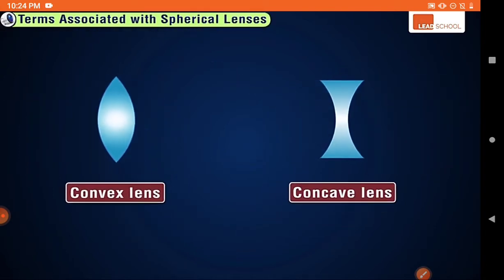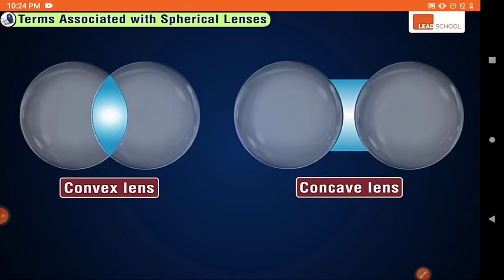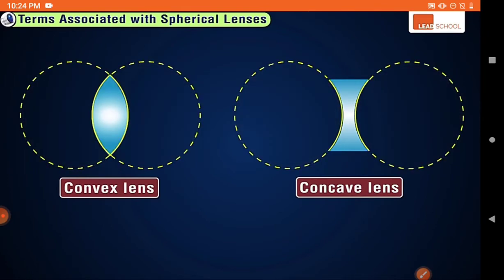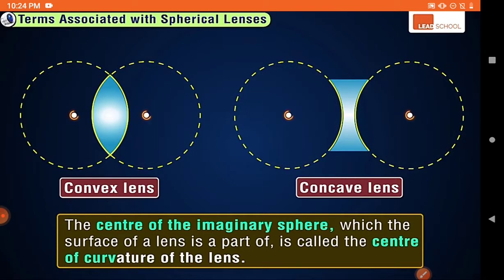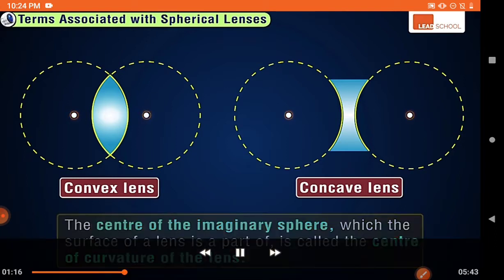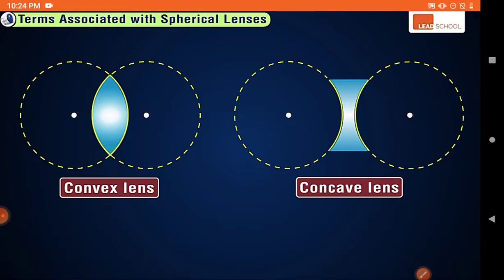Let us represent the spheres that the lens is a part of using its cross section, which is a circle. The center of the imaginary sphere, which the surface of a lens is a part of, is called the center of curvature of the lens. Since the lens is bounded by two surfaces, there are two centers of curvature. They are denoted by the capital letters C1 and C2.